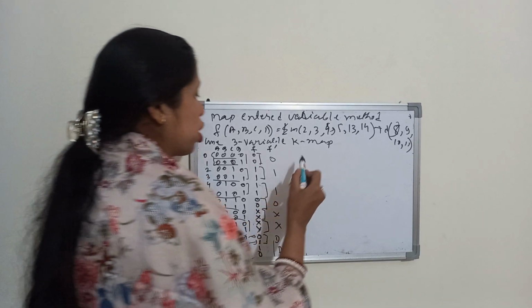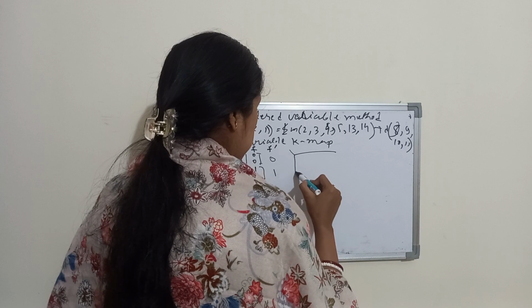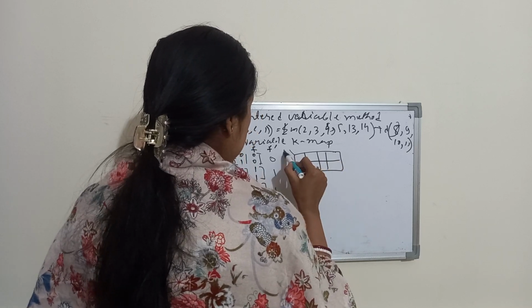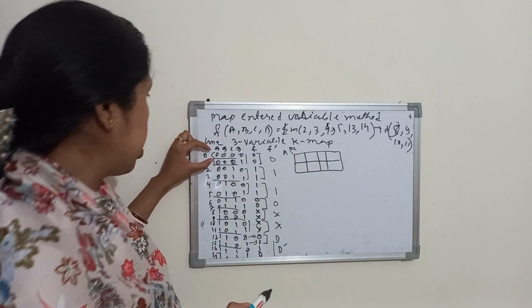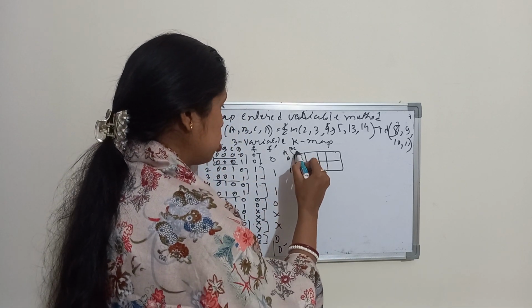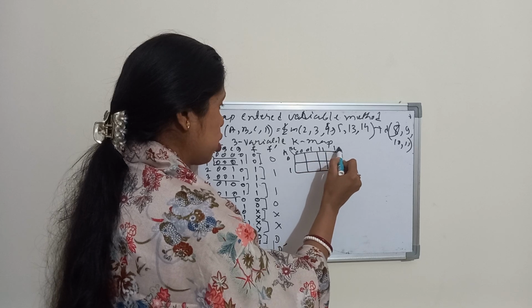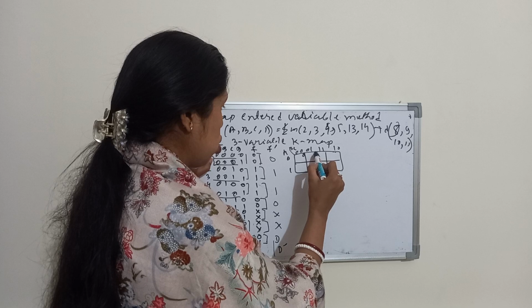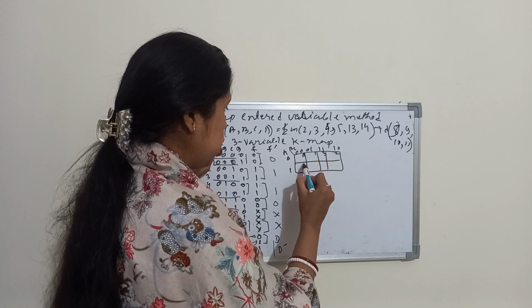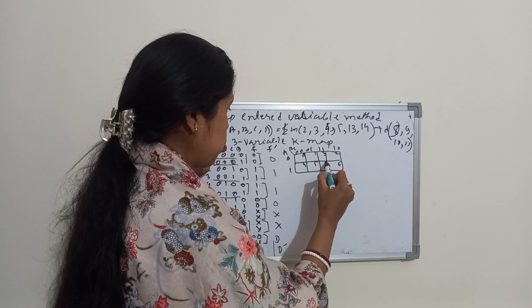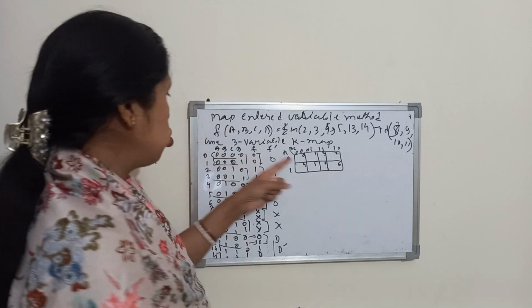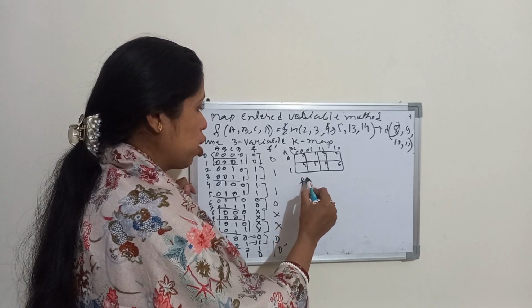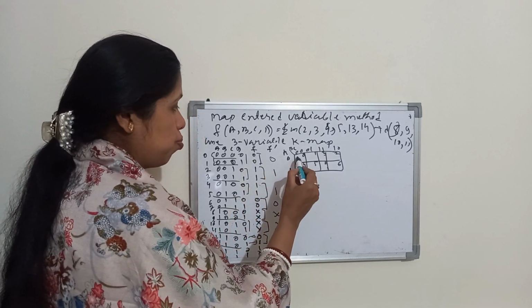Now I am drawing the K-map. A, B, C. So first is 0 0 0, 0 0 1, 0 1 1, 1 1 0. I am considering this as 0, so 0 1 2 3 4 5 6 7, right? In 0 0 0, my F dash is 0.